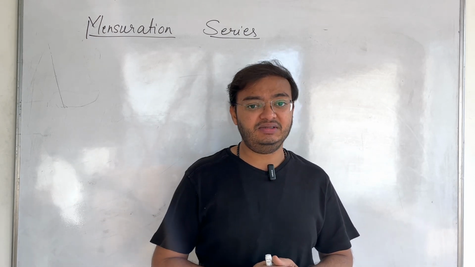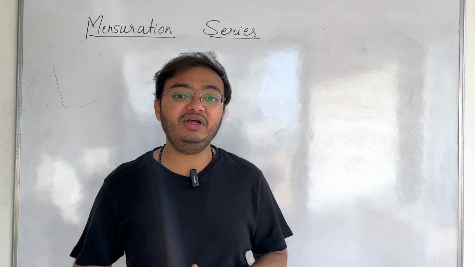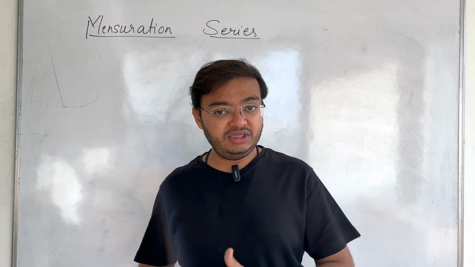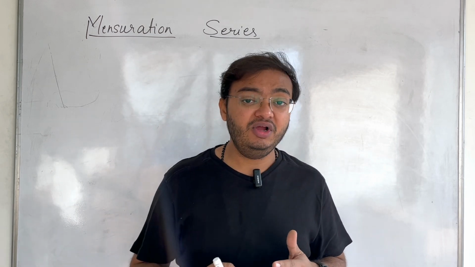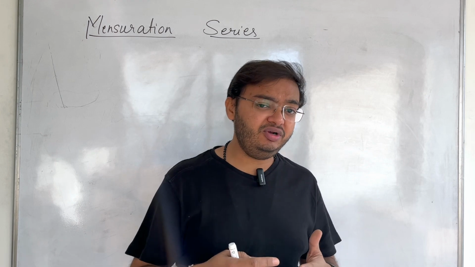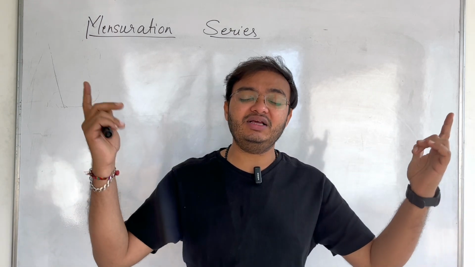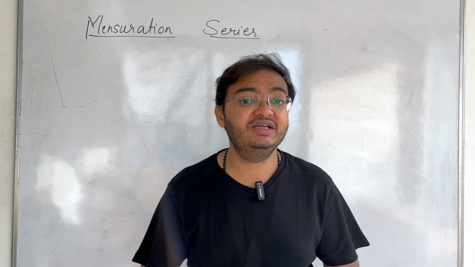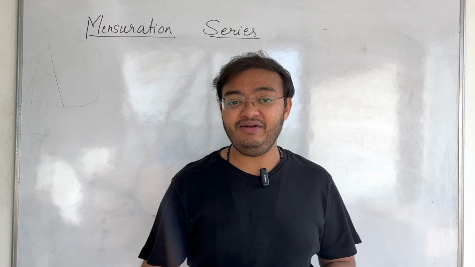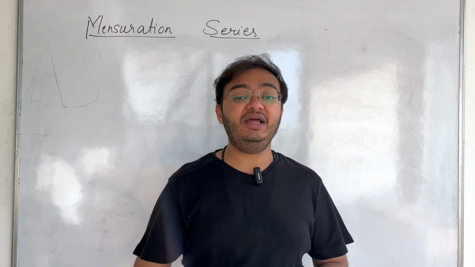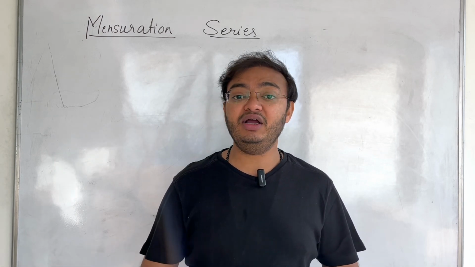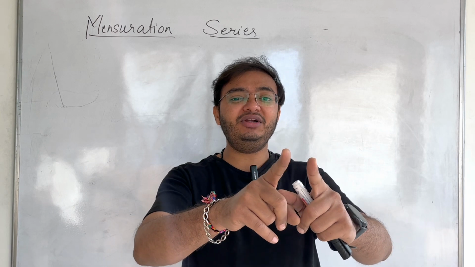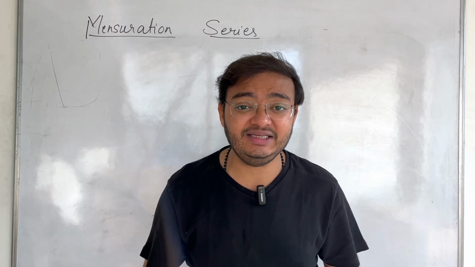Not only this, we are also going to look at the surface area, total surface area, and curved surface area. Then we will look at the volume of objects, 3D figures and 2D figures. A lot of things we are going to talk about in this mensuration series. We are also going to explain how some of the formulas are derived and how you are supposed to remember them. Everything is going to be explained in this mensuration series.